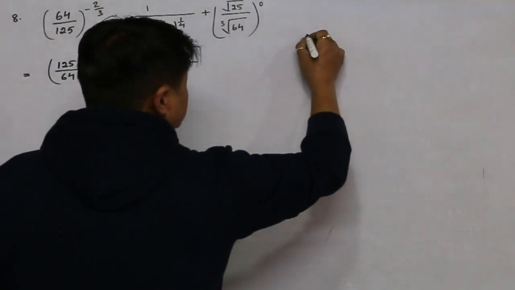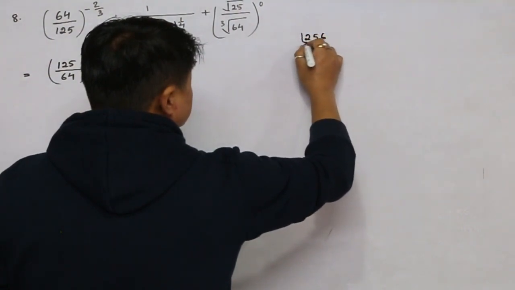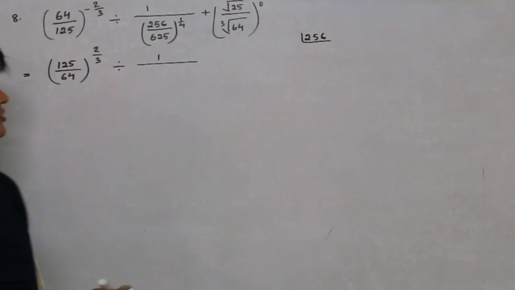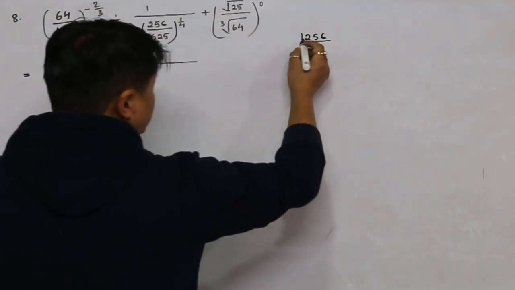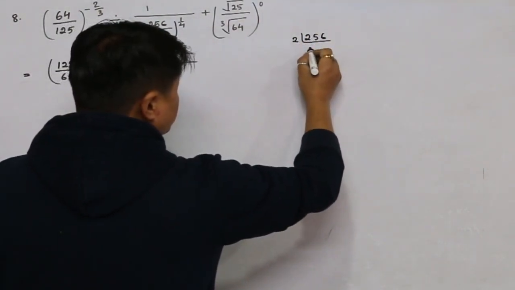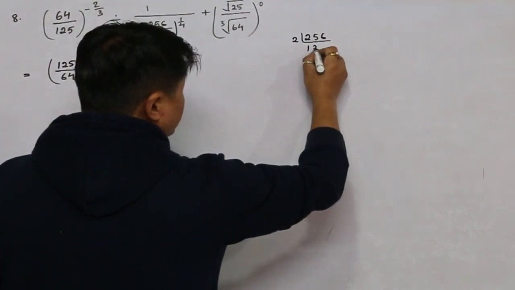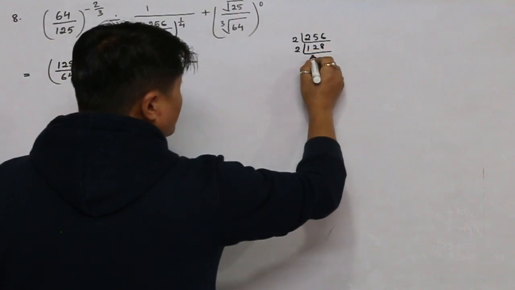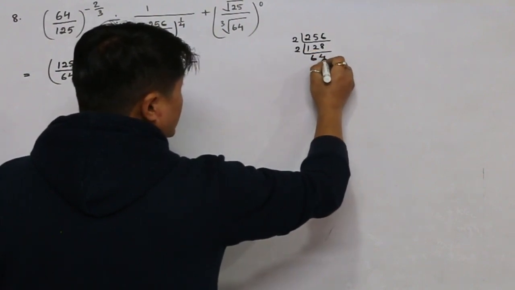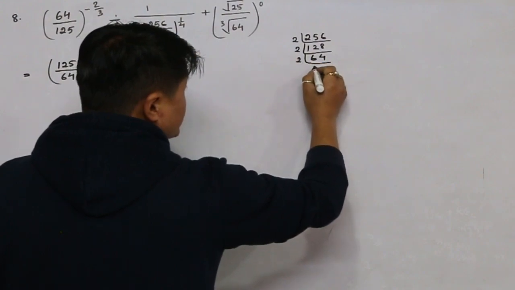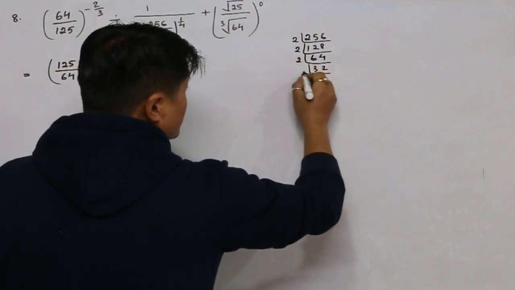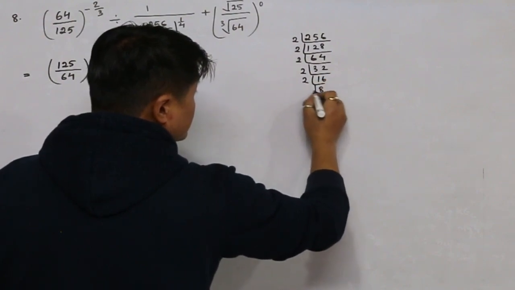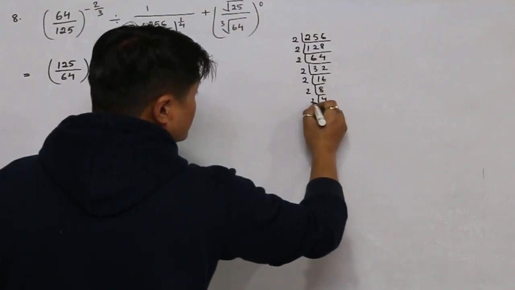So 256. Actually this is the power of 4. Anyways, we can do it this way: 2 ones are 2, 2 twos are 4, 2 fours are 8, 2 eights are 16, 2 sixteens are 32, 2 thirty-twos are 64, 2 sixty-fours are 128, 2 hundred twenty-eights are 256.